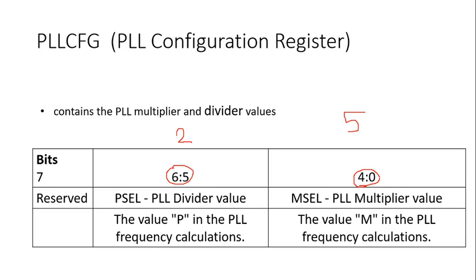Bits 0 to 4 decide the M cell, that is the PLL multiplier, and bits 5 and 6 decide the P cell, that is the PLL divider. Now these two are required for the frequency calculations. At the time of the frequency calculation, I will show you both the P and M values for the PLL.